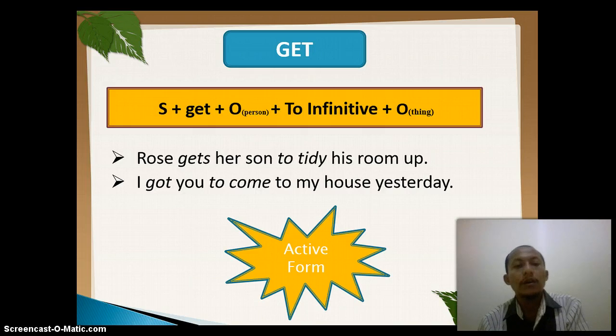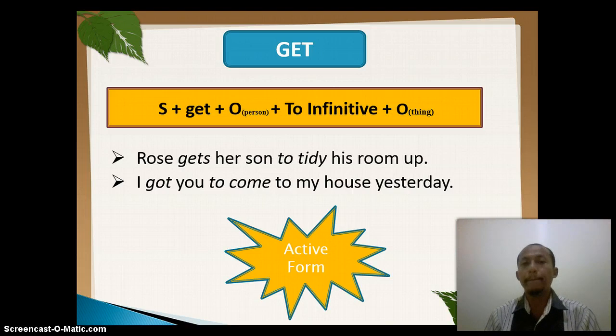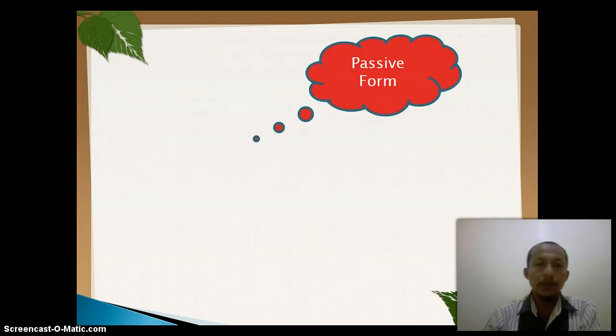For example, Rose gets her son to tidy, because using get after persons, you have to use to infinitive: to tidy. I got you to come to my house. But if you use have, Rose has her son tidy his room up. If you use get, you have to use to infinitive after the person.